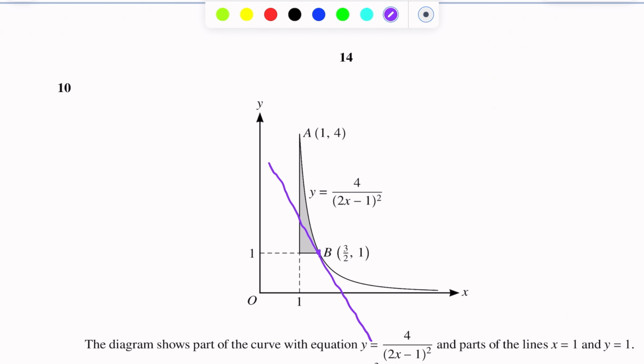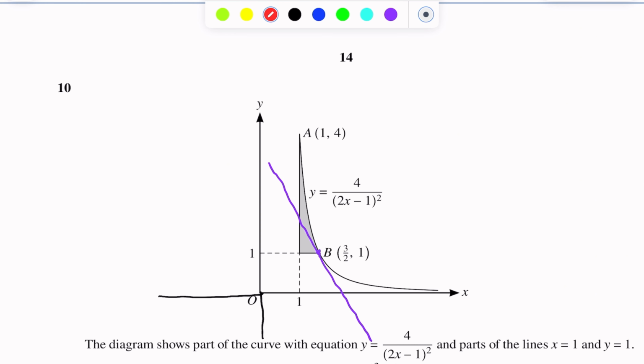This is the tangent at point B, and the normal at this point B will be this. This is the normal. Normal and tangent make a right angle.